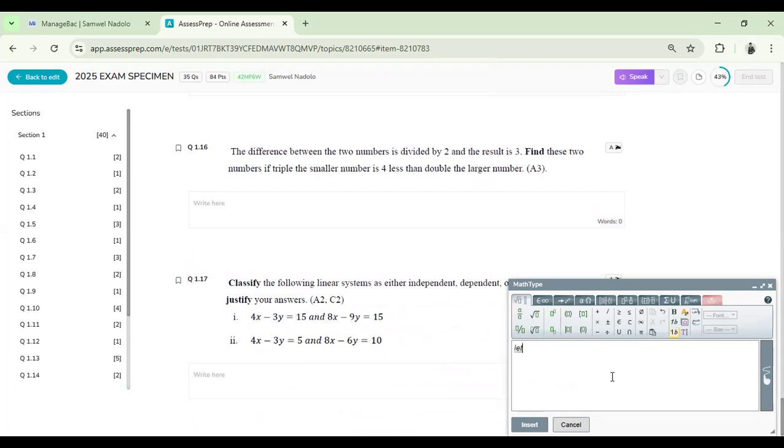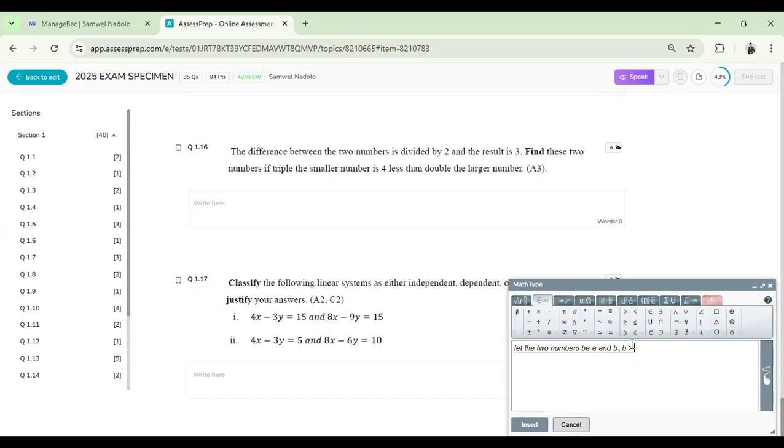Let the two numbers be A and B. Now let's check the first sentence. The difference between the two numbers is divided by 2. So I'll put a disclaimer here that B is greater than A. Let me see if I can get a special character of greater than.